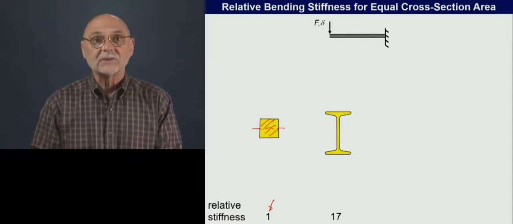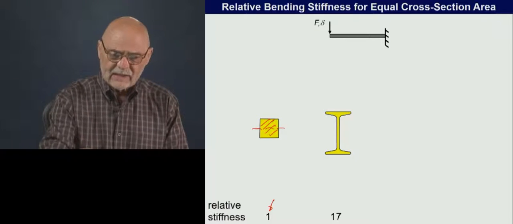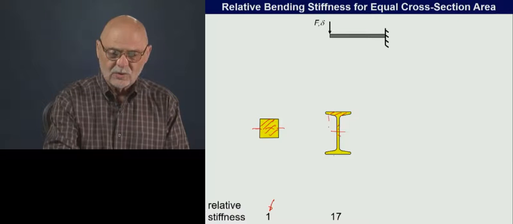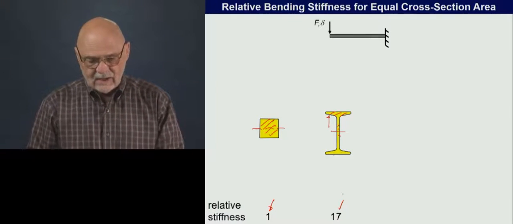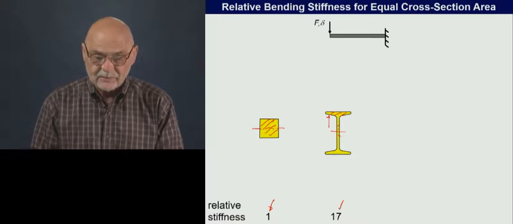So here is our next idea. Again, same amount of cross-sectional area. We've just moved it farther away from the neutral axis, and that gives us, in this case, a stiffness of 17 times the point that we started at.